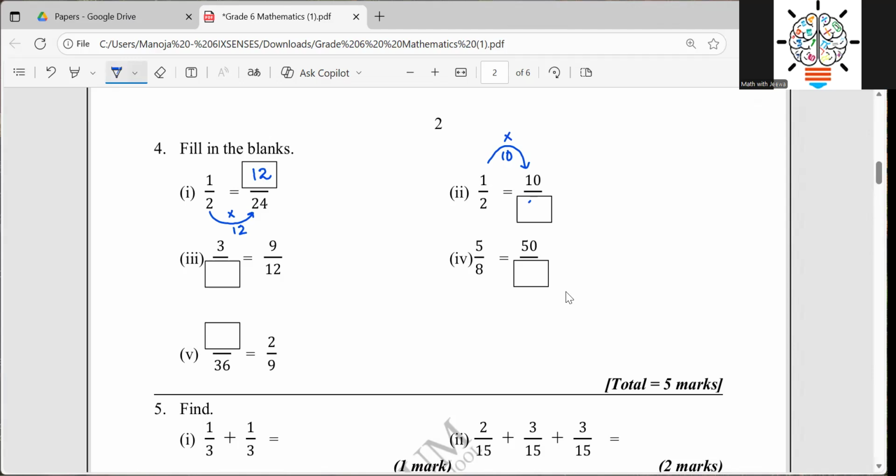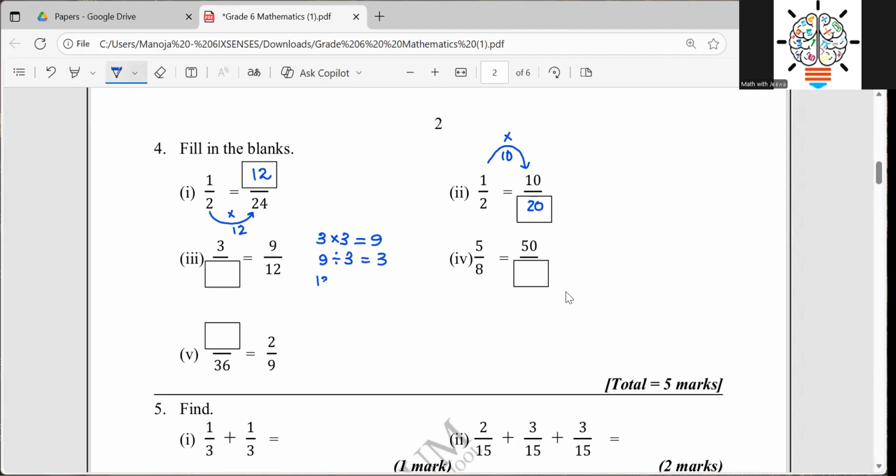Therefore, you want to do the same thing. 2 times 10, 20. And they have converted 3 into 9. How do you do that? 3 times 3, it is 9. Therefore, you want to multiply whatever the number also by 12. But this time, you have to do the reverse work. What it is, that 9 you divide by 3, it gives you the answer 3.